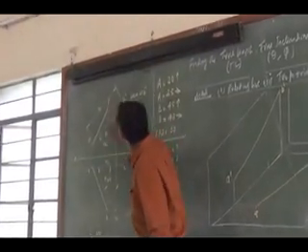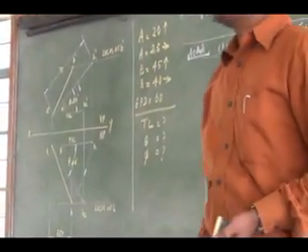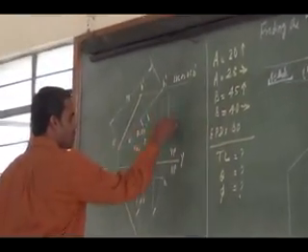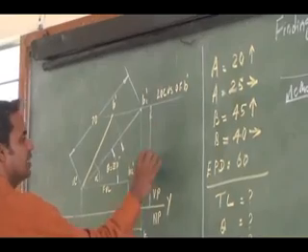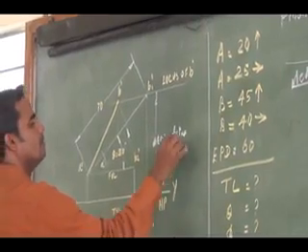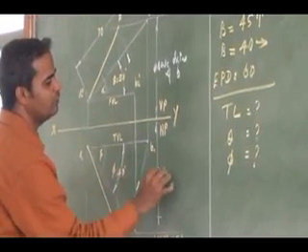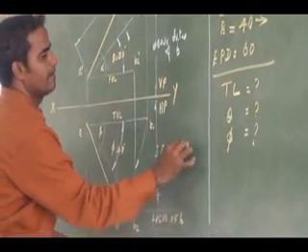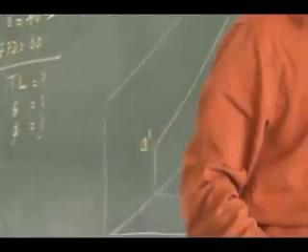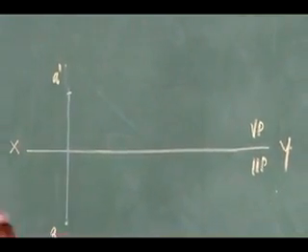It is the above distance from the reference line, the above distance of B. The bottom locus is the in front of distance of B. If I draw a horizontal line, that is the locus of A dash. Here, that is the locus of A.